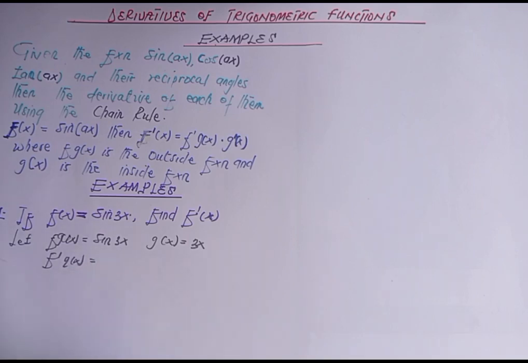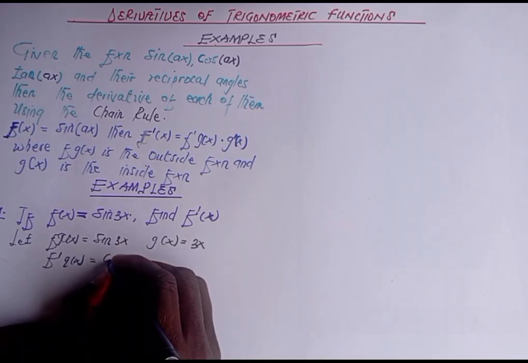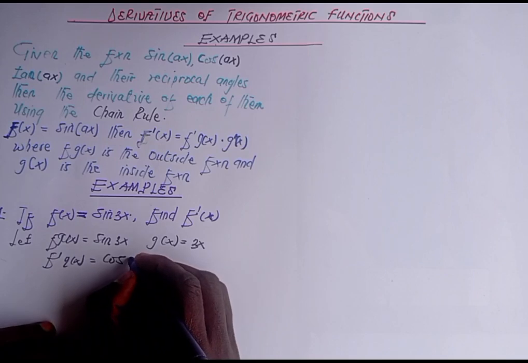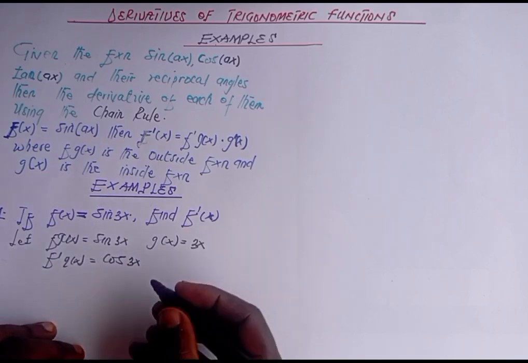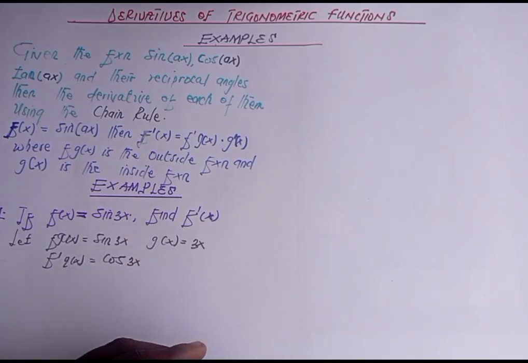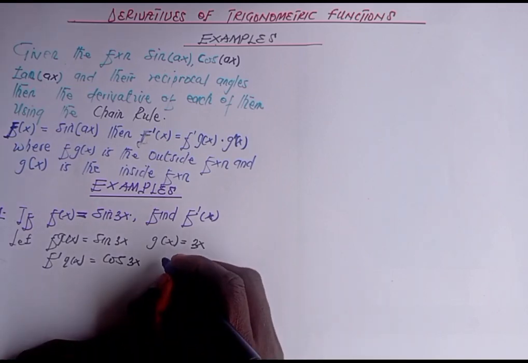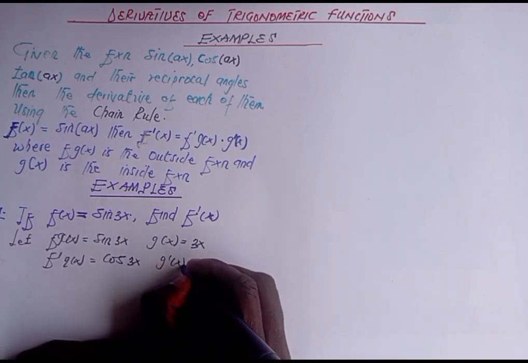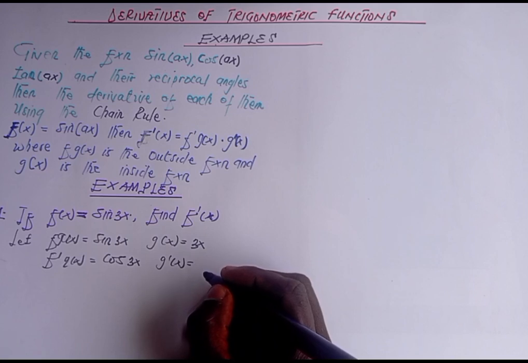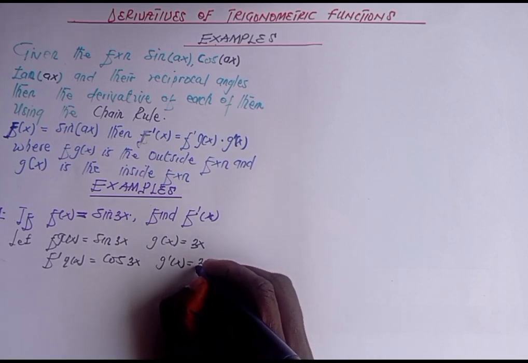When we differentiate sine, we get cos. Then we add our 3x, and then we find the derivative of g at x, which is g prime at x. When we differentiate 3x, we get 3.